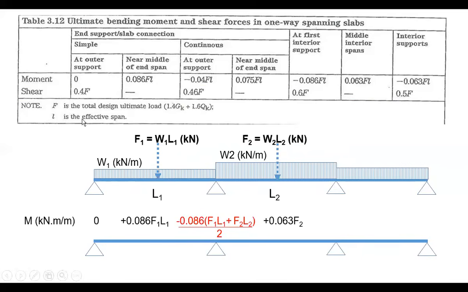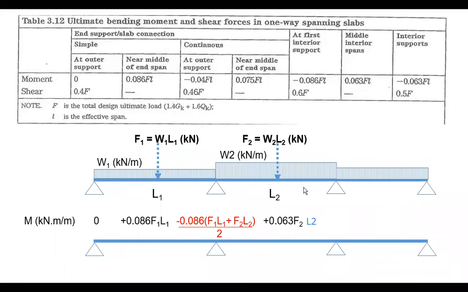From the table, the value near the middle of the first span will be 0.086 F1 times L1. Then here F2, and I forgot to add this L2, so 0.063 F2 times L2.